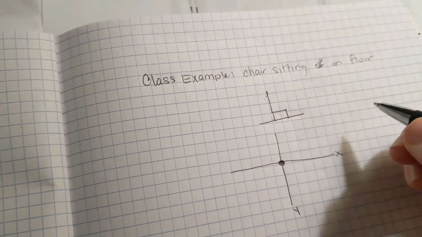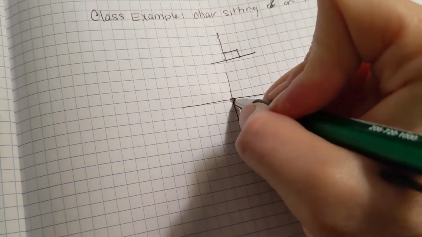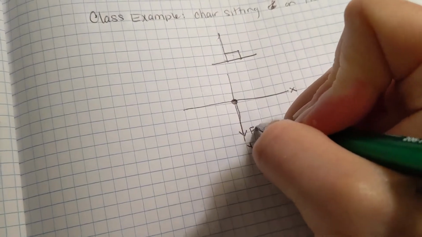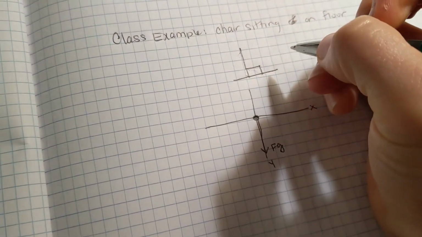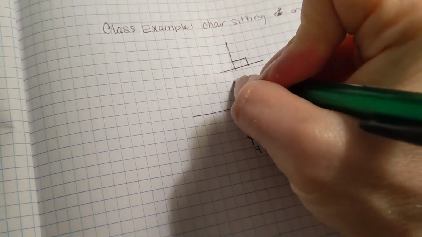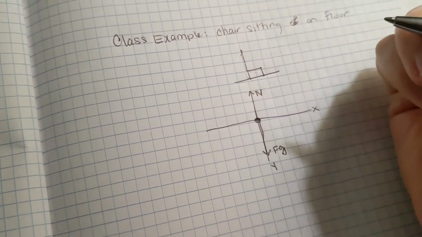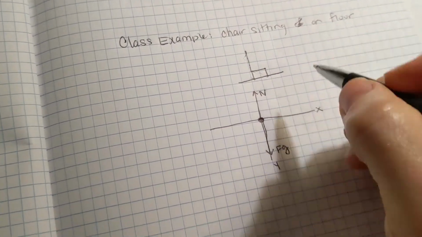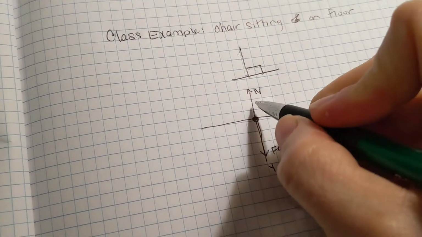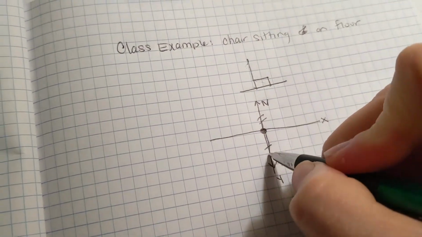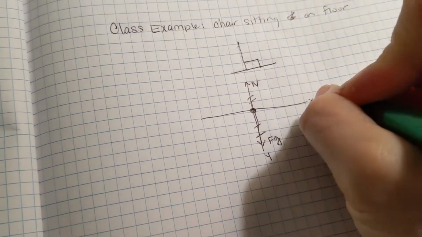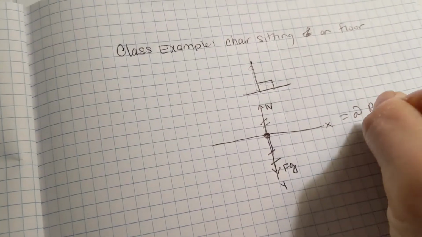And the forces acting on the chair are the force of gravity and the normal force exerted upward by the floor. These vectors are of equal magnitude and cancel, thus indicating at rest.